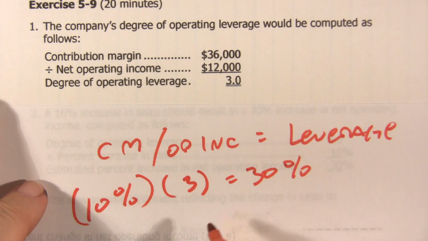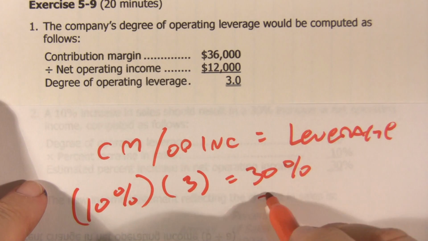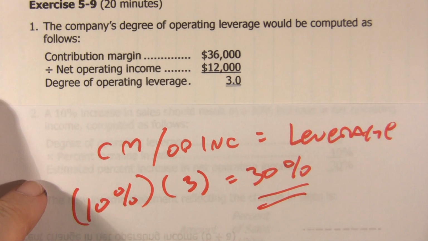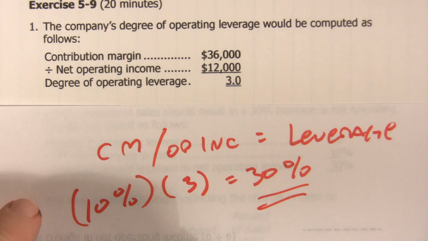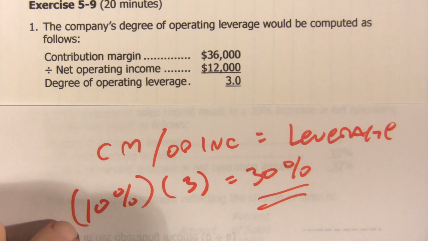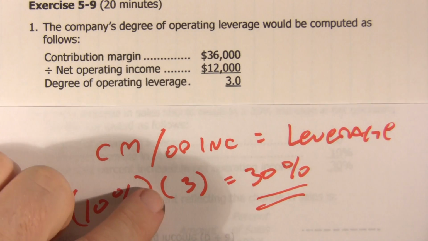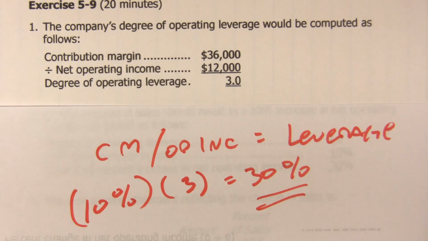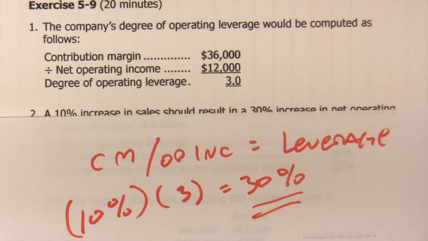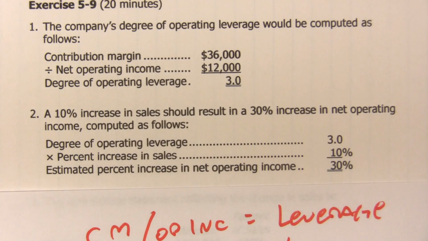Because our leverage is 3, our increase in sales would be 10%, so our increase would be 30%. This is saying that, take a look here, sales multiplied by the operating leverage, our leverage is 3, will increase our income by 30%. Okay?